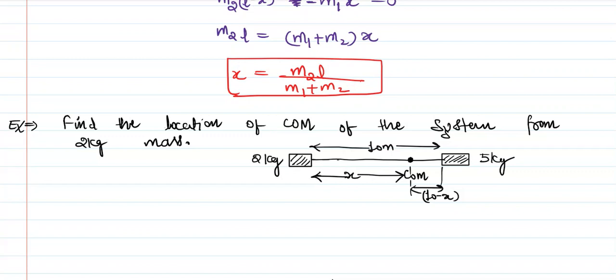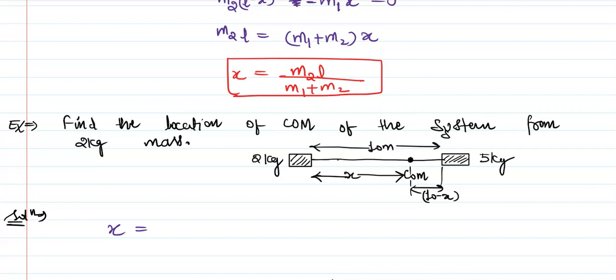Okay, so the location of center of mass from the 2 kg block will be x equal to, our formula was, x was distance from m1 and it is equal to mass of other object multiplied by total distance, and x is from the 2 kg block.